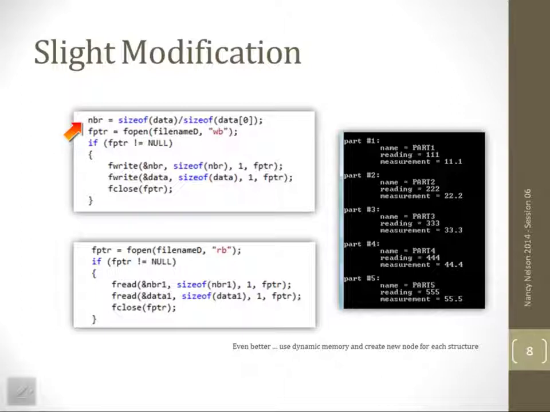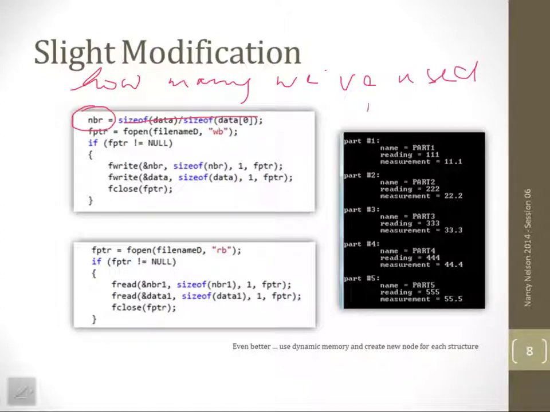So what we want to do instead of that is we're going to eliminate this line, and we need to have somewhere been keeping track of how many elements we've used. And usually that's the index. So somewhere along the line, as you've been adding elements, you've been keeping track of an index. And that's what we want to use here.